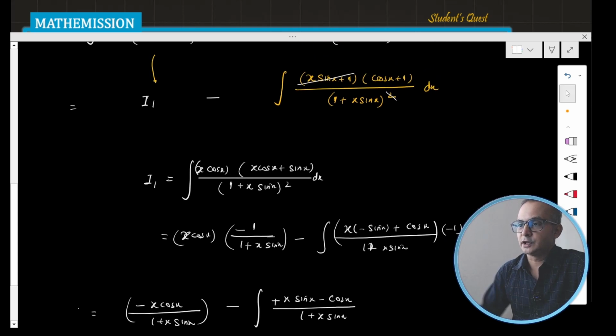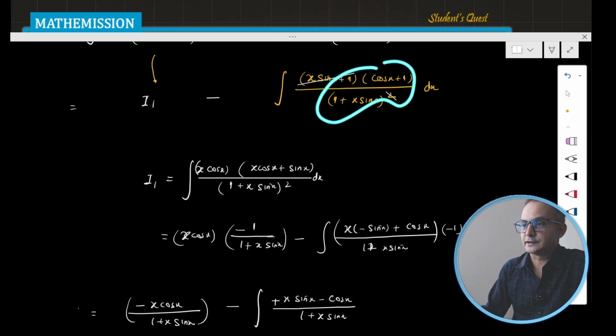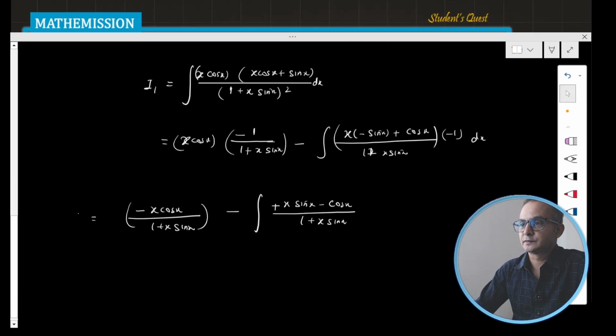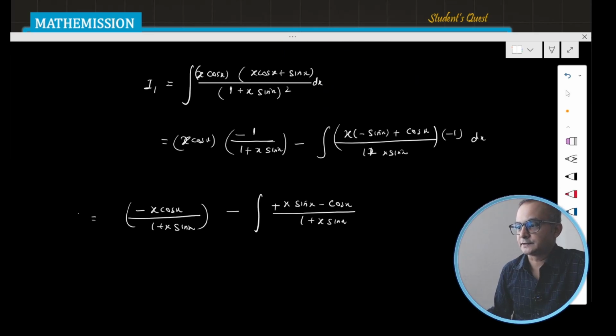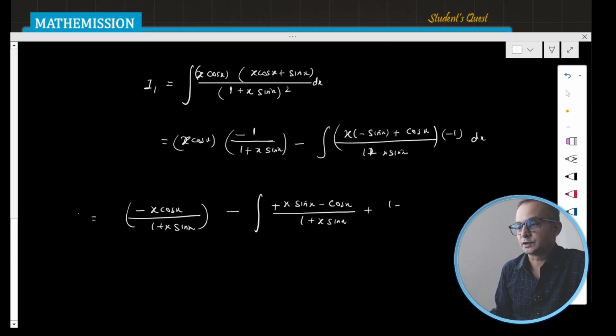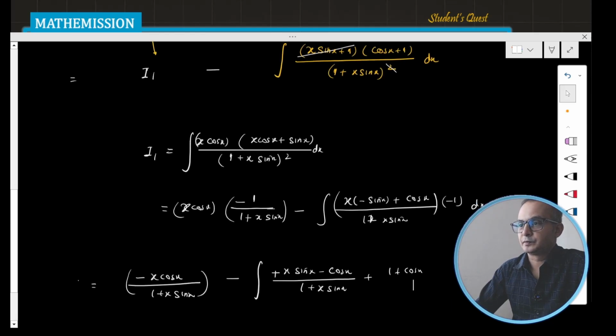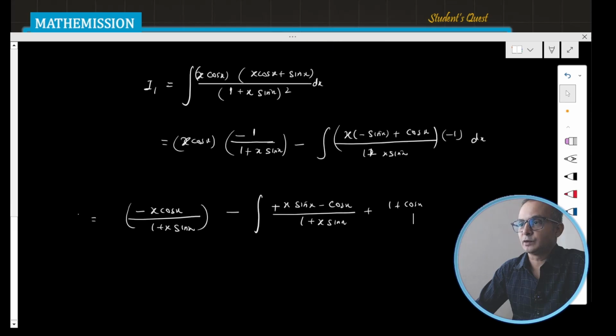And from the yellow thing, I can get the entire thing, 1 plus cos x, divided by 1 plus x sin x.